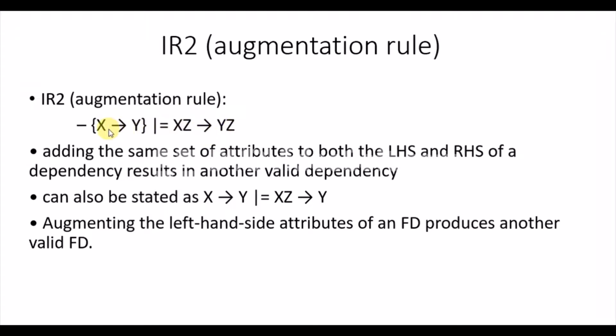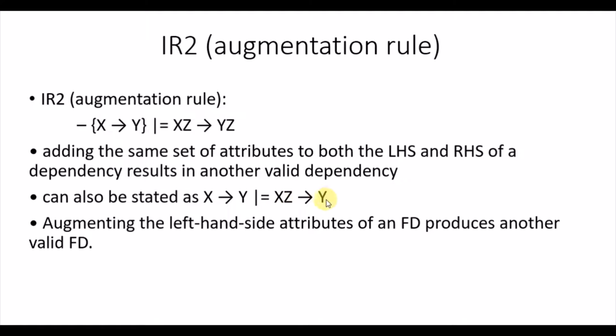Adding the same set of attributes to both the LHS and RHS of a dependency results in another valid dependency. The augmentation rule can also be stated as: X implies Y, so XZ implies Y. So augmenting the left hand side attributes of an FD produces another valid FD.